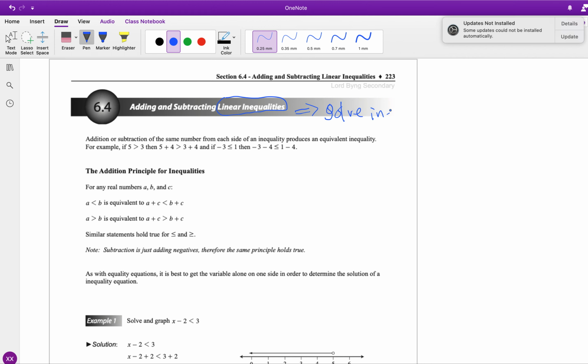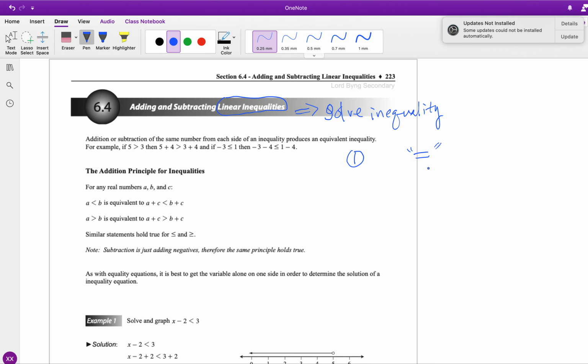Inequalities. All right. Solving inequalities, as far as I am concerned, is the same as solving for an equation. However, there are 2 points that are fundamentally different. Now the first point is about the difference from solving for an equation, where an equation has an equal sign.